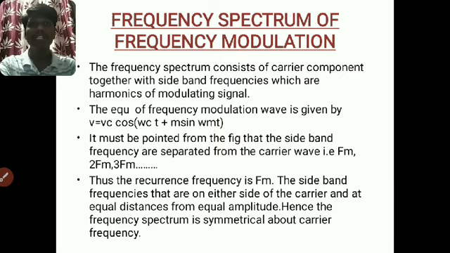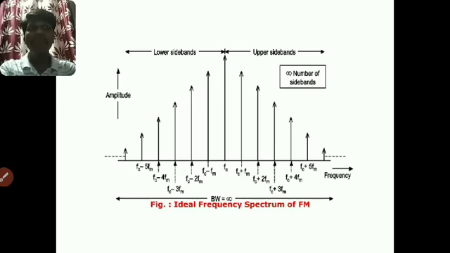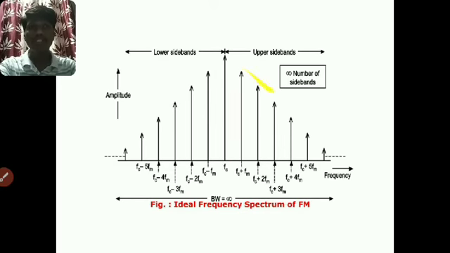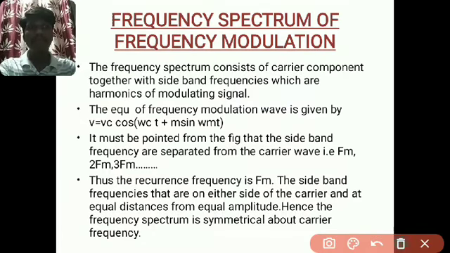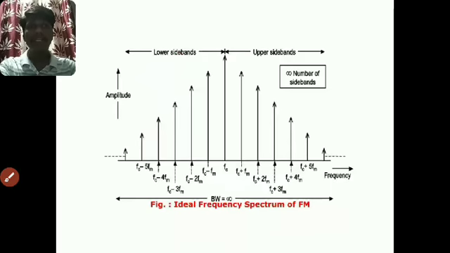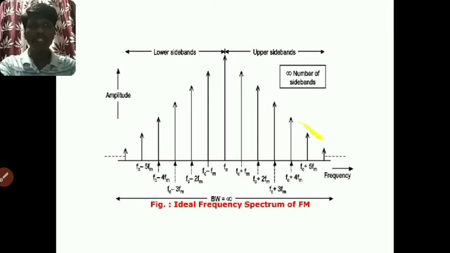Harmonics of the modulating signal means the upper and lower components vary, and the harmonic amplitude decreases. See the diagram. Fc is the carrier, and the upper sidebands are Fc plus Fm, Fc plus 2Fm, Fc plus 3Fm, Fc plus 4Fm, Fc plus 5Fm, which means the amplitude is varied, while the phase remains constant.